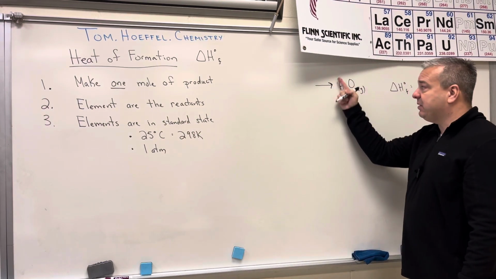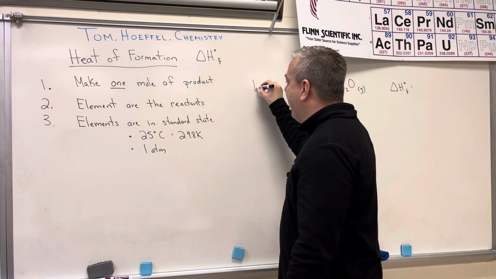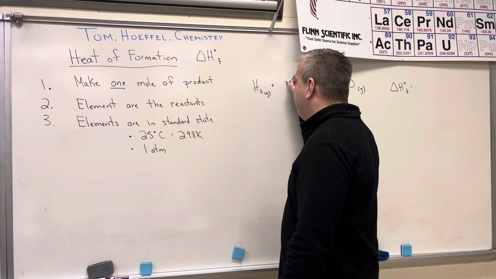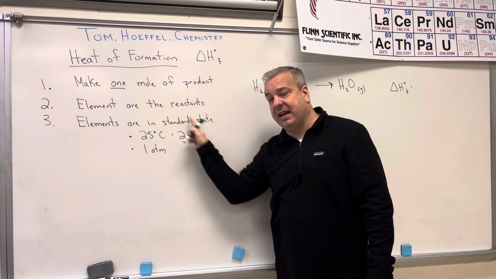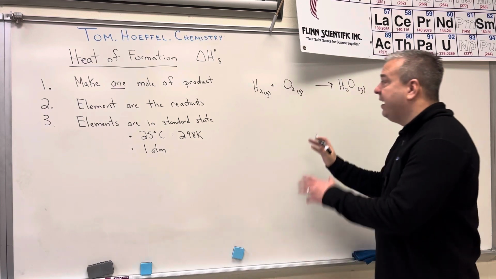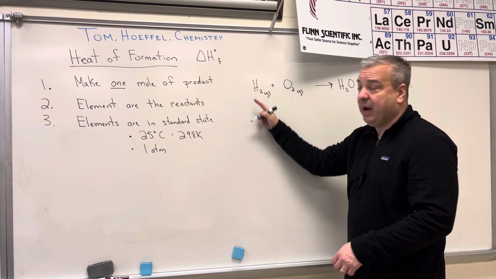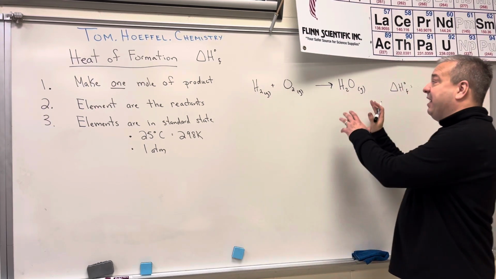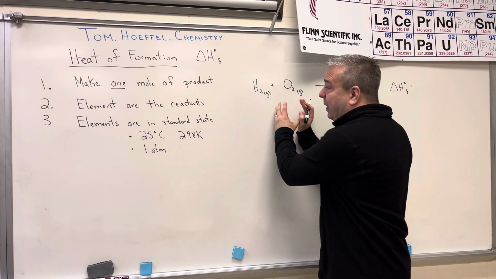The elements of water are hydrogen and oxygen. Hydrogen is diatomic and a gas at room temperature. Oxygen is diatomic and a gas at room temperature. Now we need to balance this out. I have 2 hydrogens on the left and 2 hydrogens on the right. And I look over here, I have 1 oxygen on the right, but I have 2 on the left.